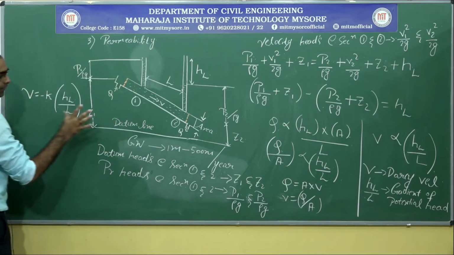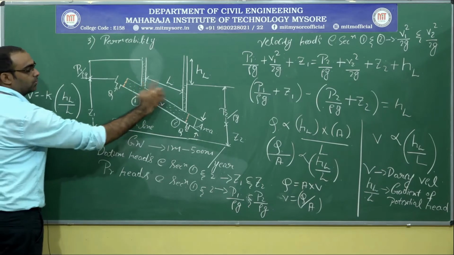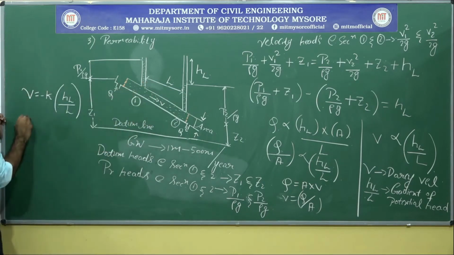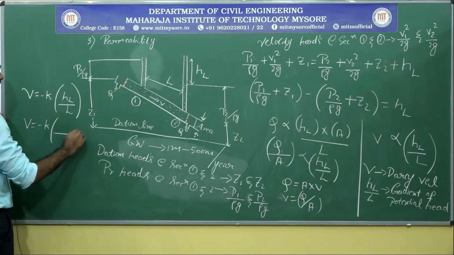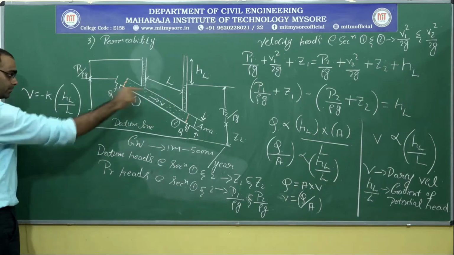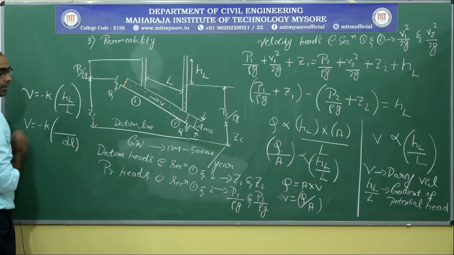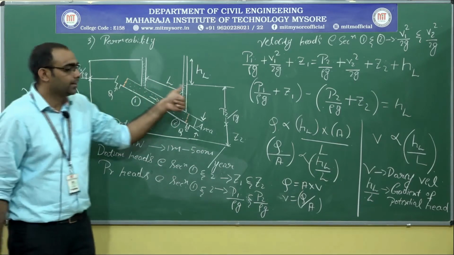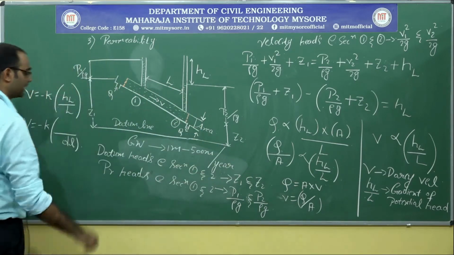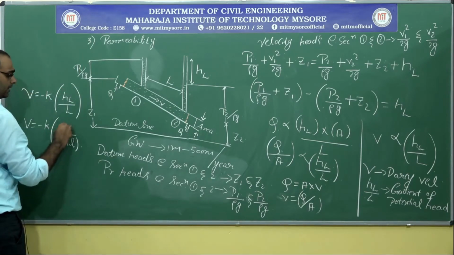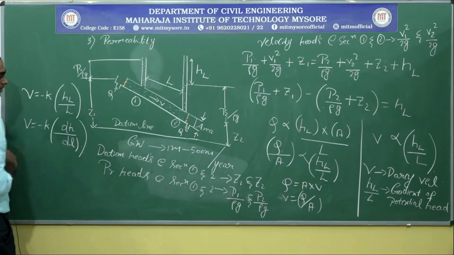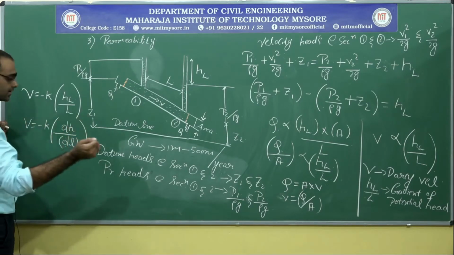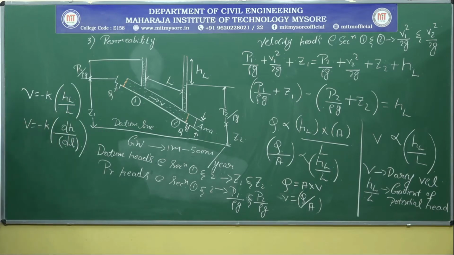Now, look here, if the distance between the two piezometers is small, we are going to indicate the distance between these two piezometers as dL, and the head loss, or the gradient of potential head, is indicated as dH by dL. Now, there arises a question, why this negative sign?